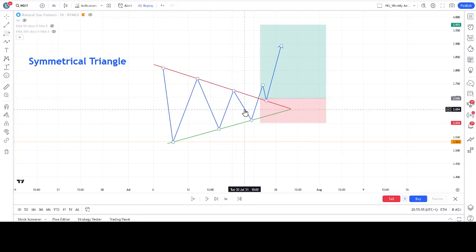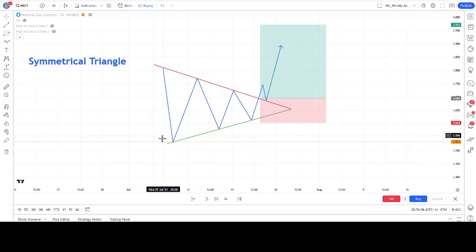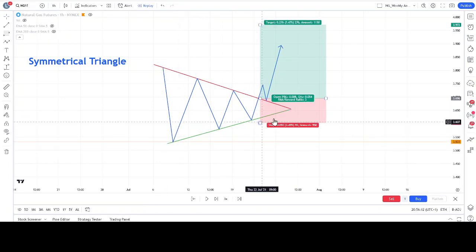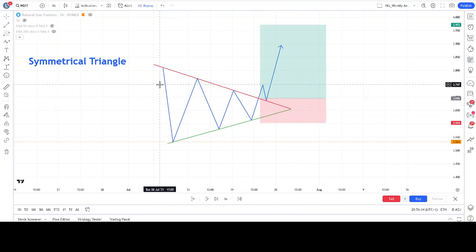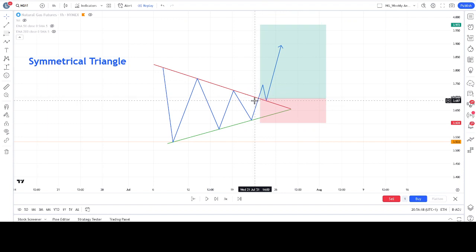So that is the difference between an ascending triangle and a symmetrical triangle. Another difference is, in a symmetrical triangle we have two trend lines, one acting as a resistance and one acting as a support, while in the ascending triangle we have one trend line which is acting as a support here, and then on top we have a horizontal resistance. So that is another difference between ascending triangle and a symmetrical triangle.